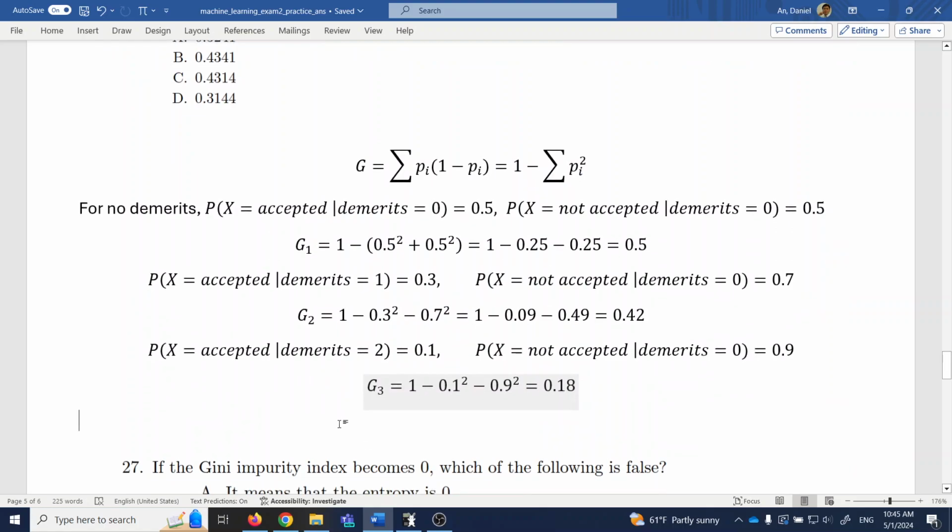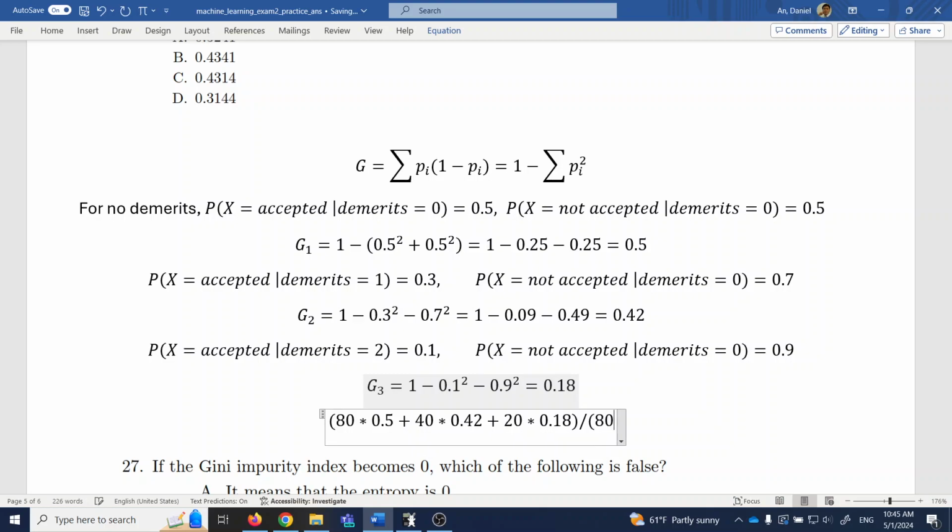So we just take the average, which is 80 times 0.5, 40 times 0.42, and then 20 times 0.18, divided by the sum of the population, 80 plus 40 plus 20.